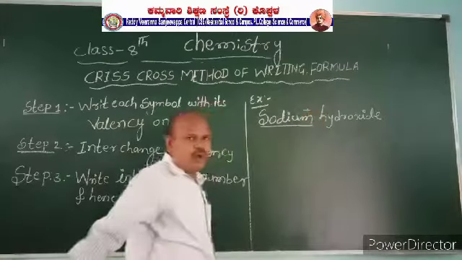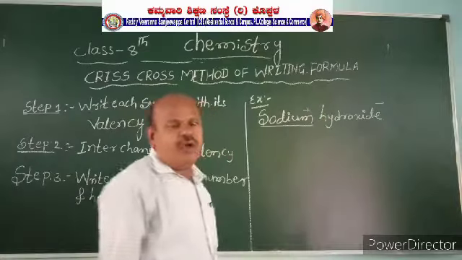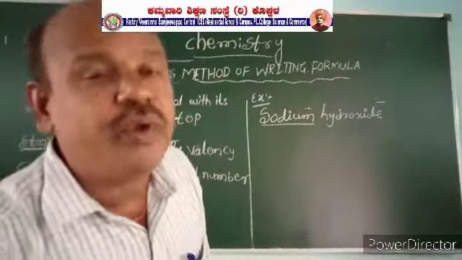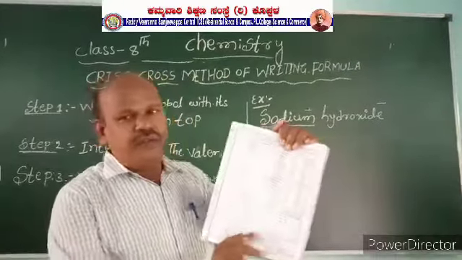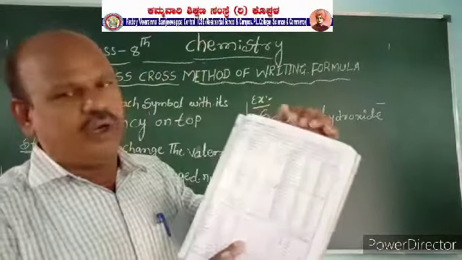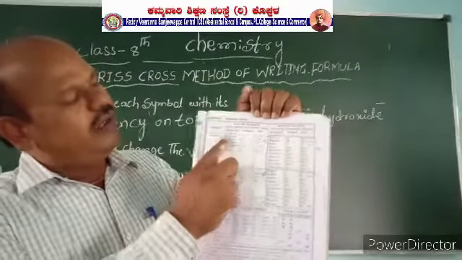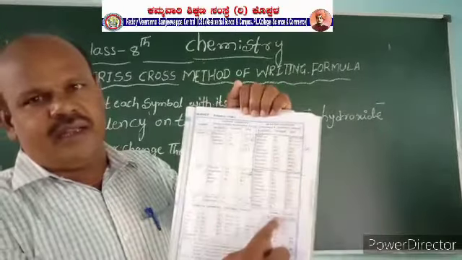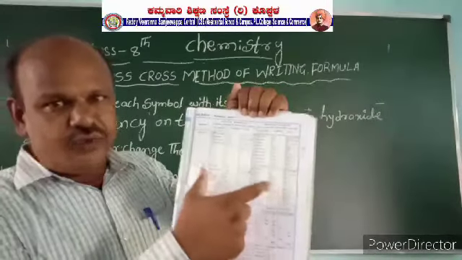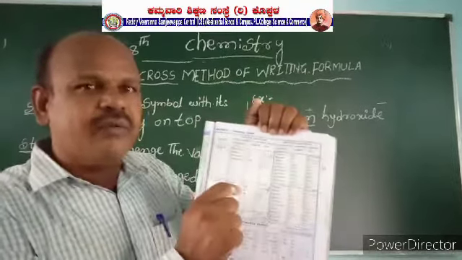Hydroxide is the negative radical. First you write the positive radical and negative radical. Here in this chart, I will send this chart, positive radicals are given on one side, negative radicals on the other side. First you refer to this chart to write the chemical formula.